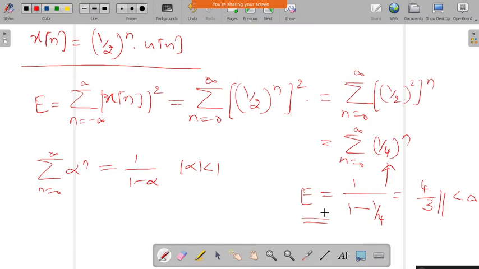Understood this one, or any doubt in this? Don't get confused with the expression, because earlier I used limit n tends to infinity, summation n equal to minus N to plus N, x of n square.